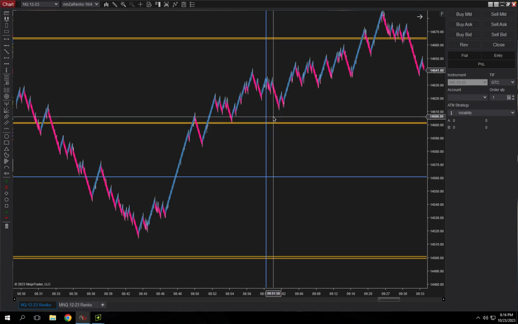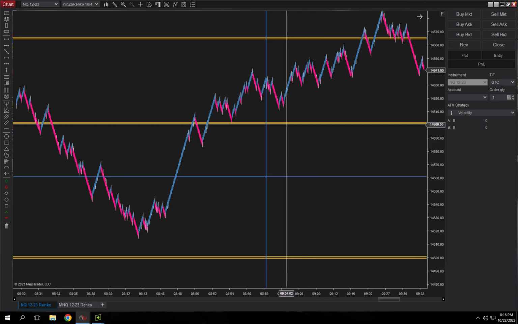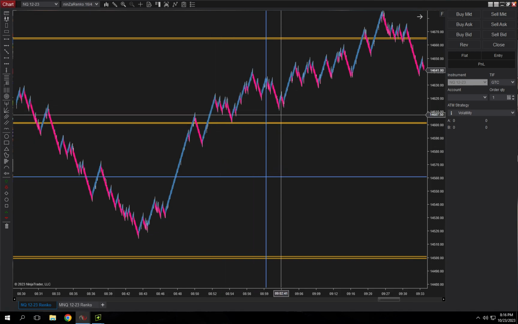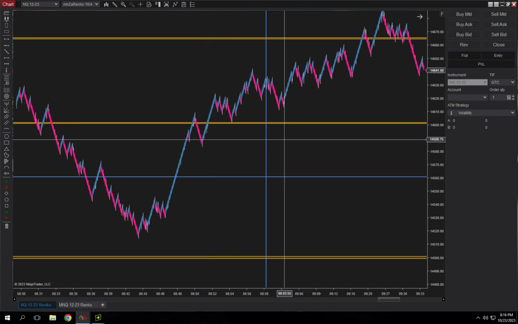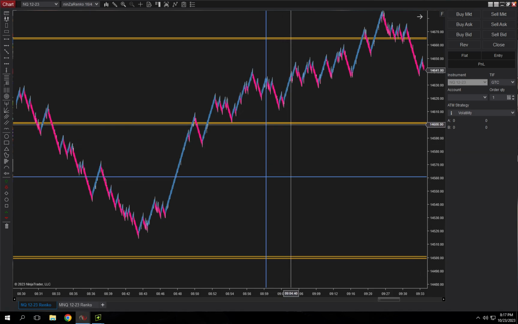So imagine everything above here, you're looking for it to push. It may take a while, but eventually it should push. If this ever dropped back below here, like you would be looking for a drop to probably right here, then you're looking for some kind of momentum. It either is going to keep pushing or it's going to come back and retest this opening.